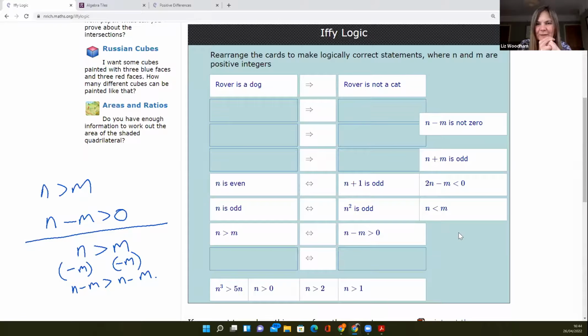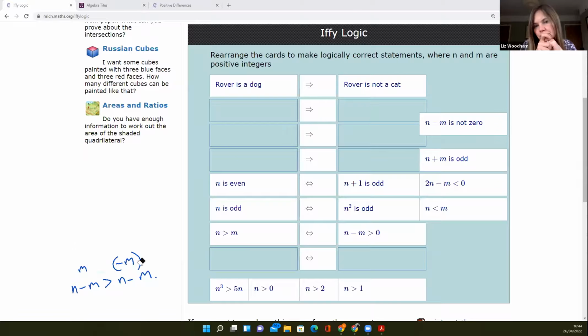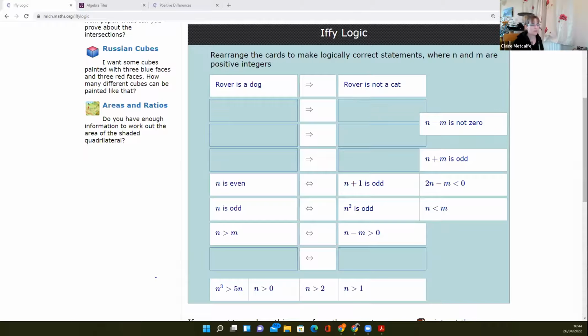I wonder, what about this, n plus m is odd? What could we do with that, I wonder? I think this is one where a counterexample might be quite useful. So n plus m is odd. So yeah, if n plus m is odd, we've got an odd number added to an even number.